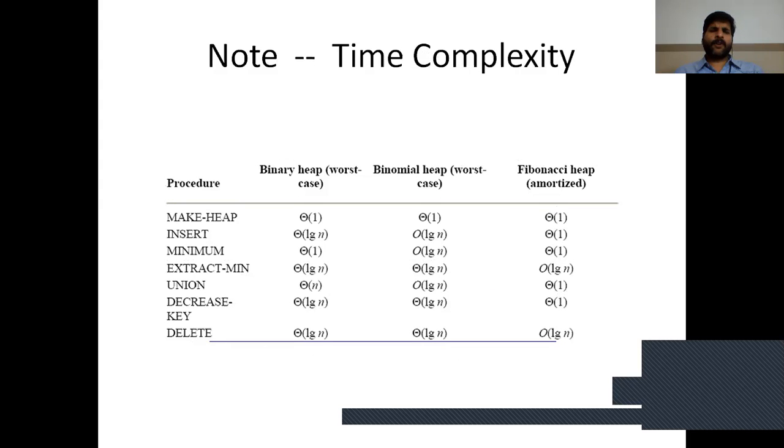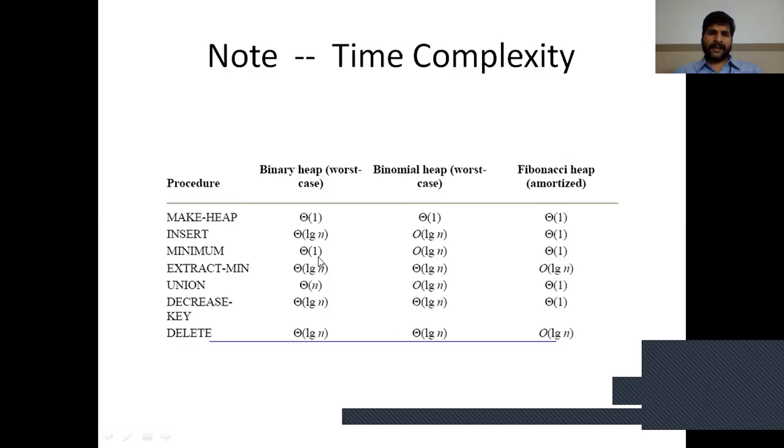So time complexity. We compare the time complexity among binary heap worst case, binomial heap worst case, Fibonacci heap amortized. Make heap is constant in all heaps. Insert is log n in binary heap, binomial heap may also be log n, but amortized is theta 1.